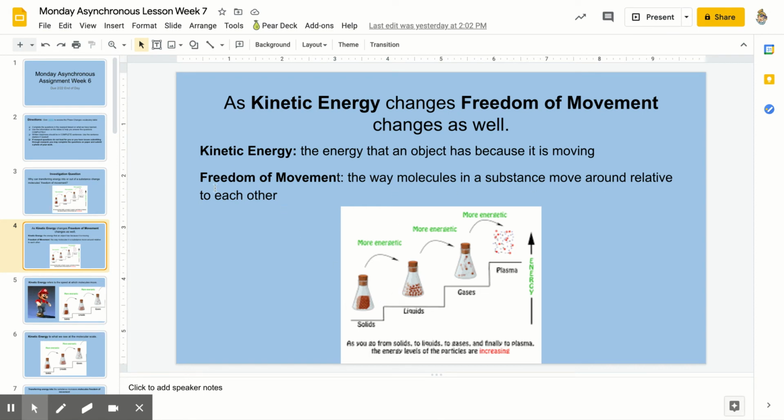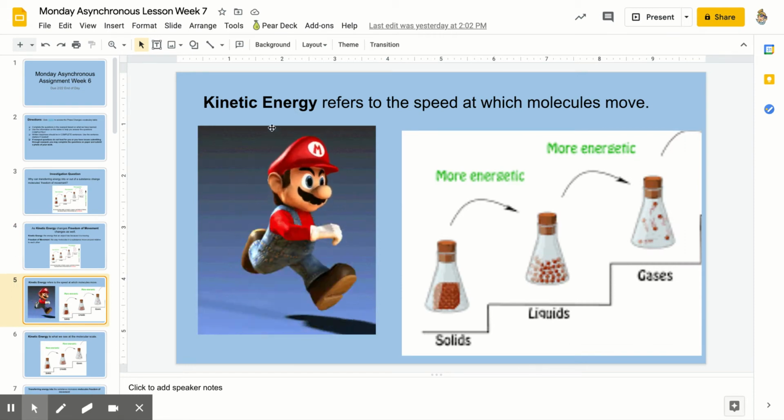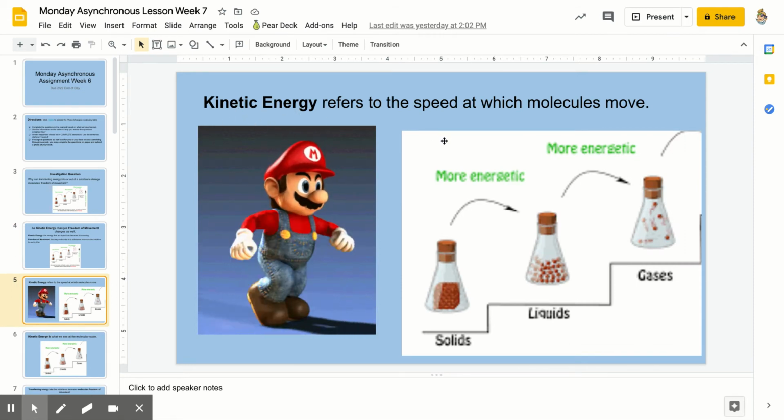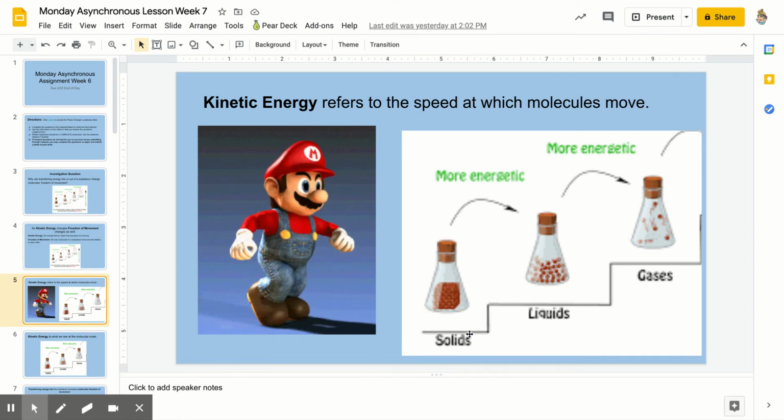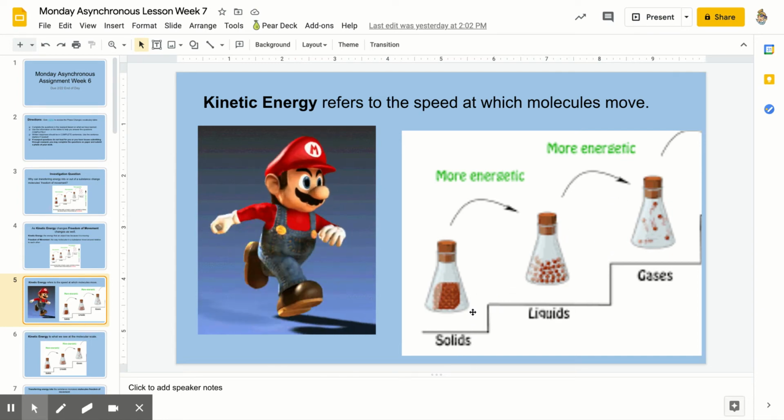From last class, we know that these two, kinetic energy and freedom of movement, are connected. Again, kinetic energy refers to how fast these molecules are moving. So, how fast are they moving in each of these phases? How much are they able to move around?